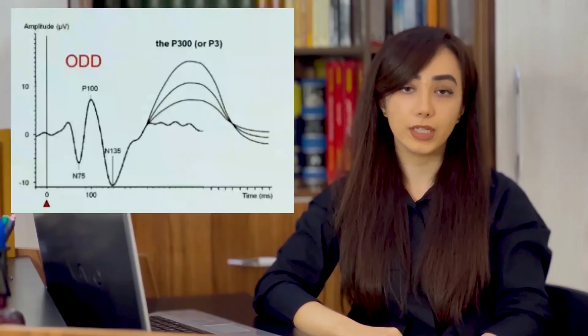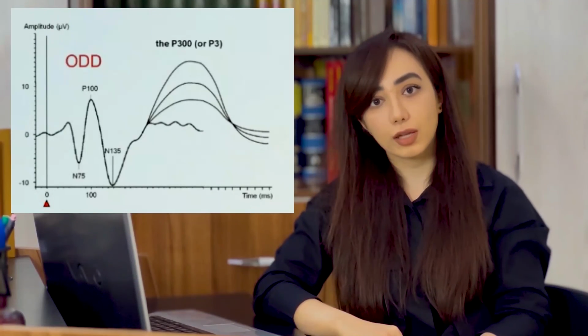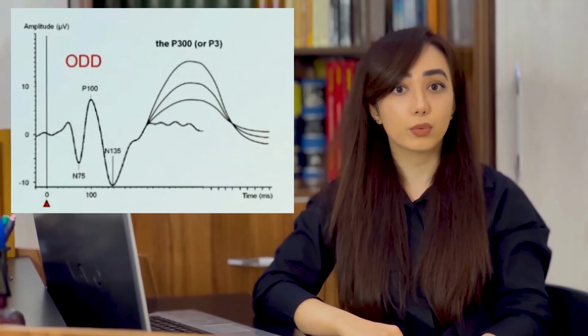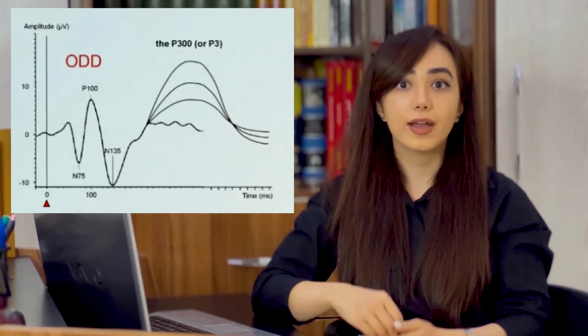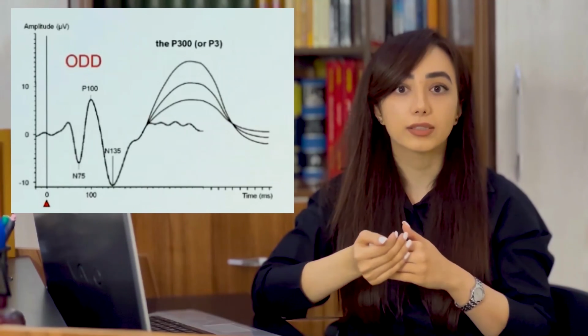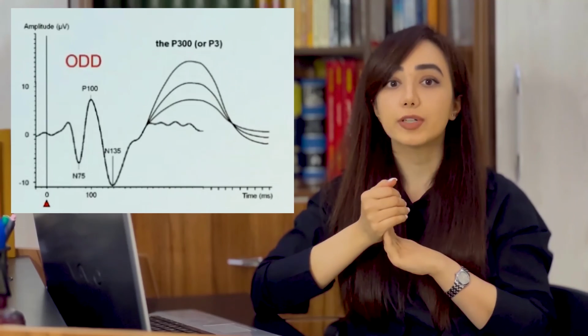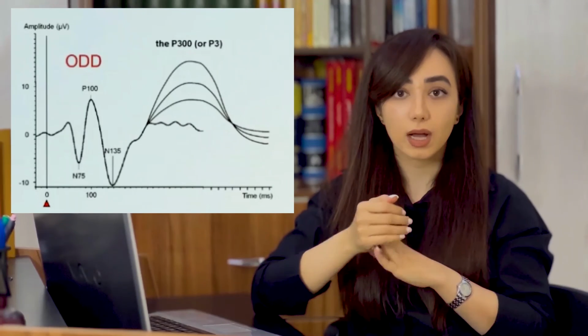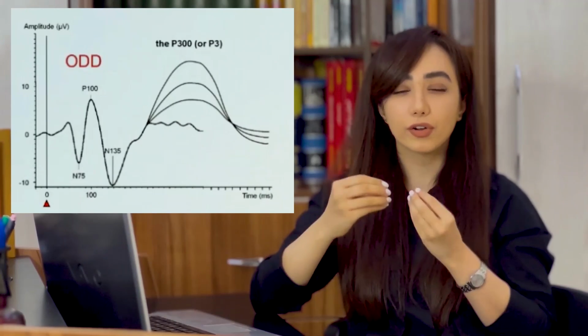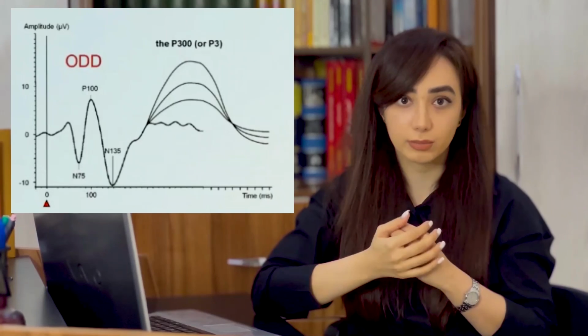And it is mostly related to recognizing and distinguishing, so the subjects have to be fully focused. In other words, the P300 response can only be evoked by presenting a rarely occurring target stimulus, which is presented within a sequence of frequently occurring non-target stimuli.